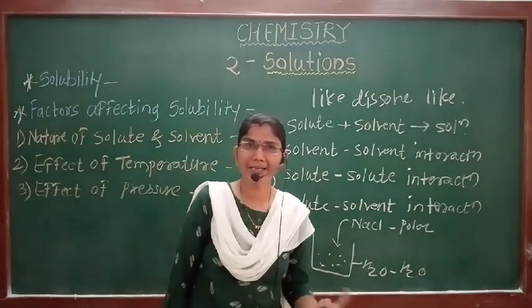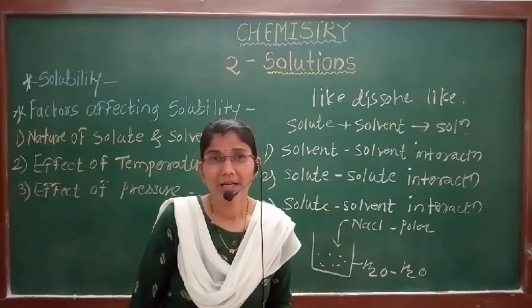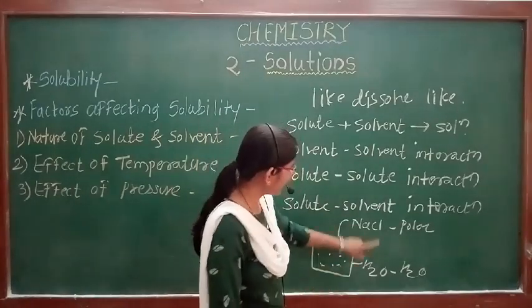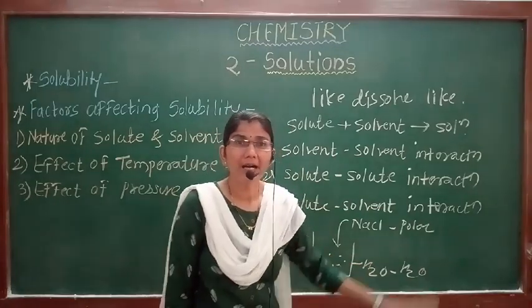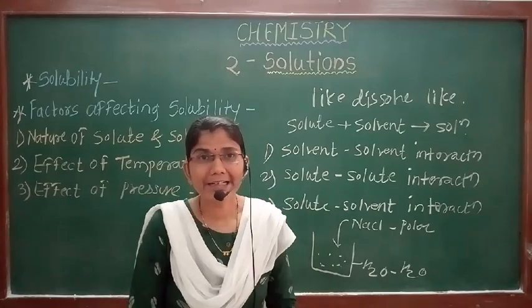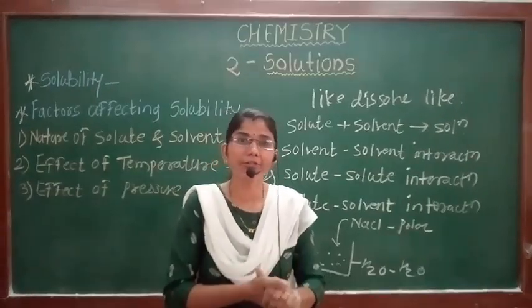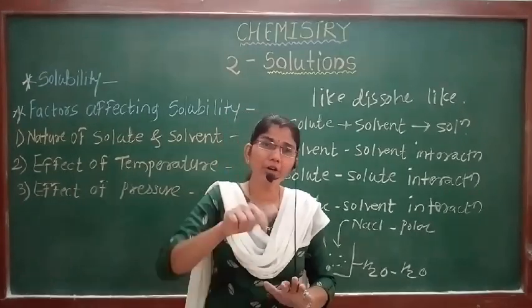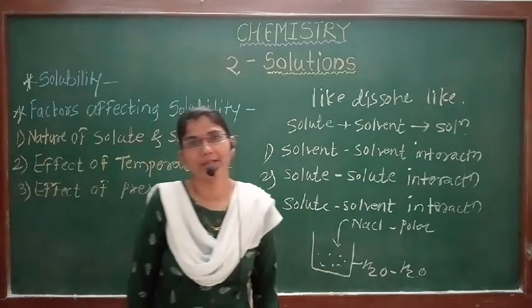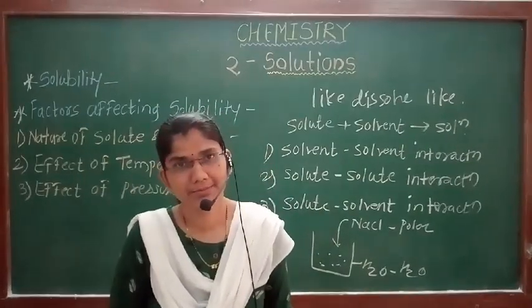NaCl means Na plus and Cl minus, which interact with each other by ionic interactions, and NaCl and H2O have ion-dipole interactions. The magnitude of all three interactions is the same, and therefore for solubility the nature of solute and solvent is very important, according to the rule like dissolves like.